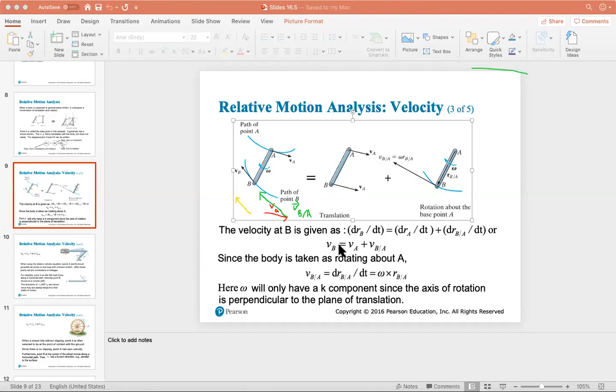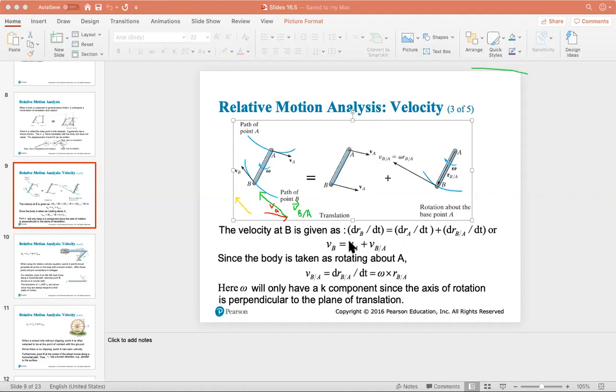So when you do that, the key point is going to be that, remember, when I wrote the velocity of B as a translation plus a rotation, the translation vector is the same for all points, whereas the relative vector is going to be only the rotation.